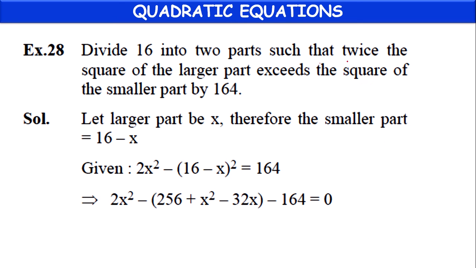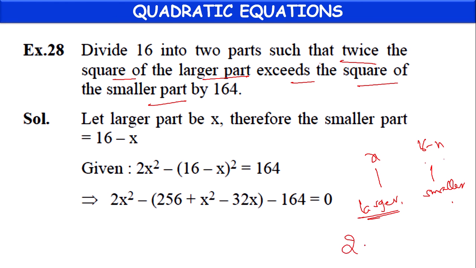And one more thing they have given: twice the square of the larger part exceeds the square of the smaller part. Here, the two parts are x and 16 minus x. So x is the larger part, and 16 minus x will be the smaller part. Twice means 2 times the square of the larger part.